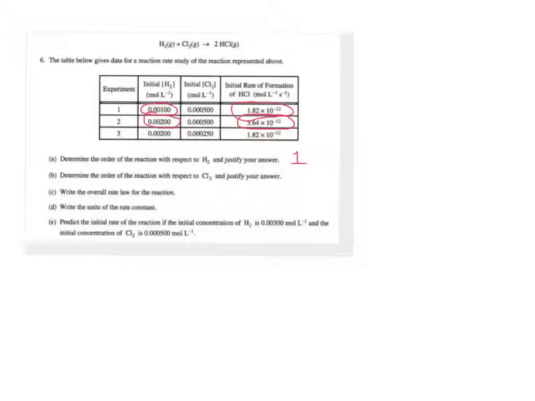For part B, we're asked to determine the order of the reaction with respect to Cl2. And we do a similar analysis. We look at experiment 3 and 2, where the concentration of Cl2 is doubled.